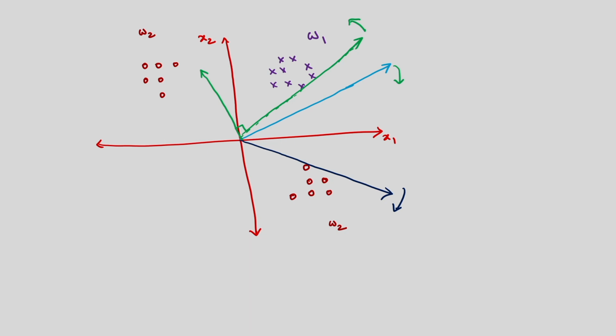Corresponding to this, this is my weight vector, perpendicular to the decision boundary. So my solution region is this. Within this region I have to find my weight vector. This is the weight vector W, this is the weight vector, and between these I have to find my weight vector, and this is the solution region.